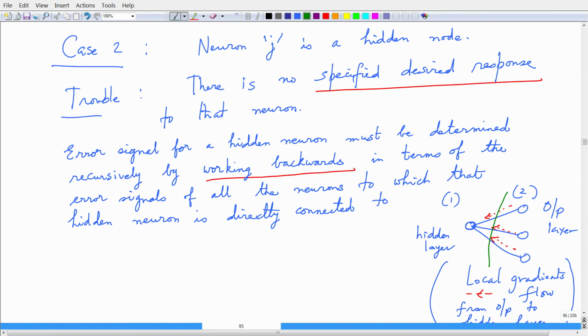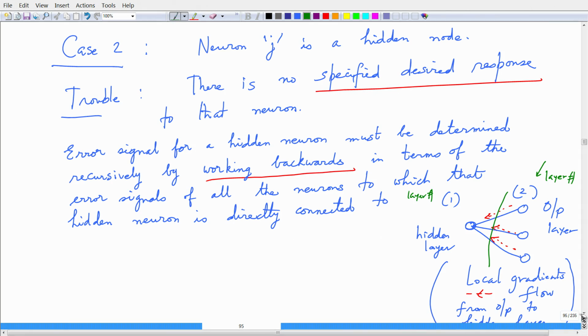So, the error signal for a hidden neuron must be determined recursively by working backwards in terms of the error signals of all the neurons to which that particular hidden neuron is directly connected, right. This is very important, and again if you are confused, just recall the layer numbers, see how the neurons are connected, and you will find this useful to derive it yourself.